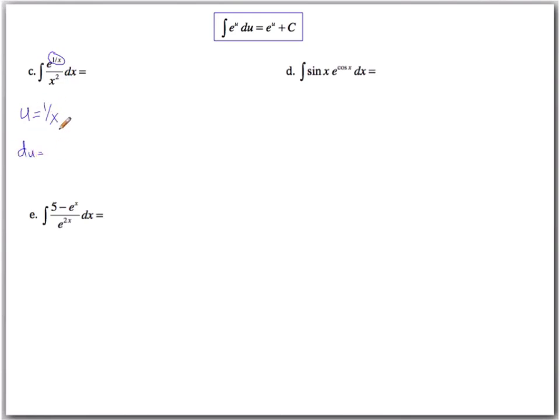Well, remember, when we have this, we change the sign, and then we raise the power here to 2, dx. And now I look, do I have u and du in here? Well, here's e to the u, and then du, I have the dx, and I have the divided by x squared. The only thing I'm missing is the negative. So I just need to rewrite this with a negative.